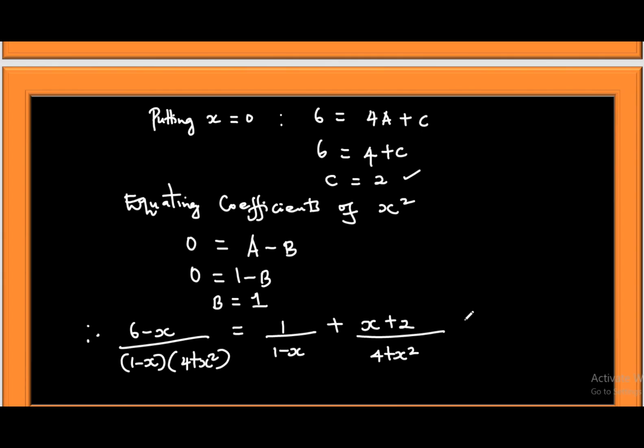So from here, we can clearly say we have already expressed that expression as a partial fraction, but then there is a hence part where we are supposed to integrate.